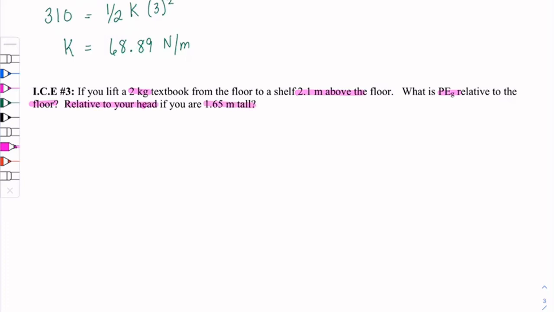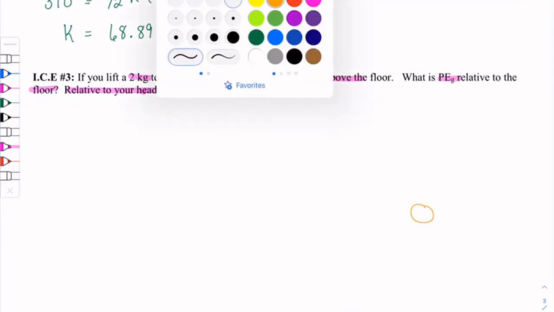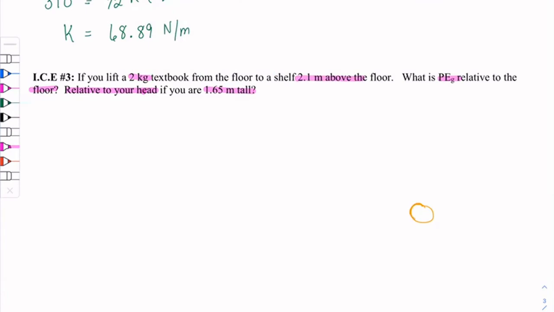Okay, so let's draw a picture first. Here you are. And there's a shelf above you.